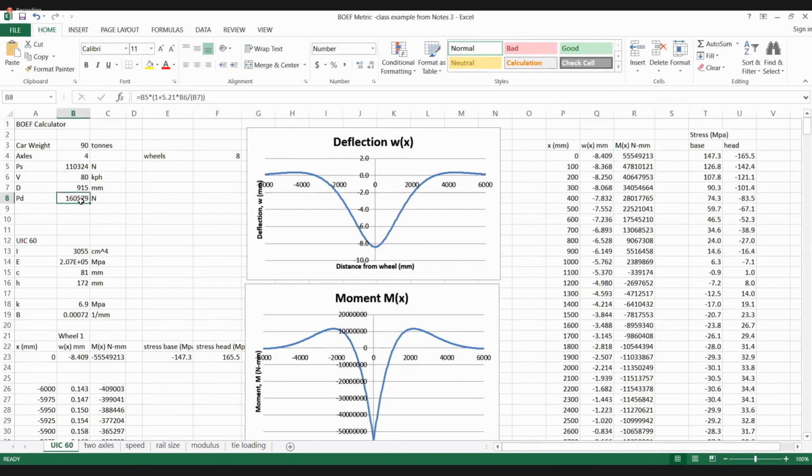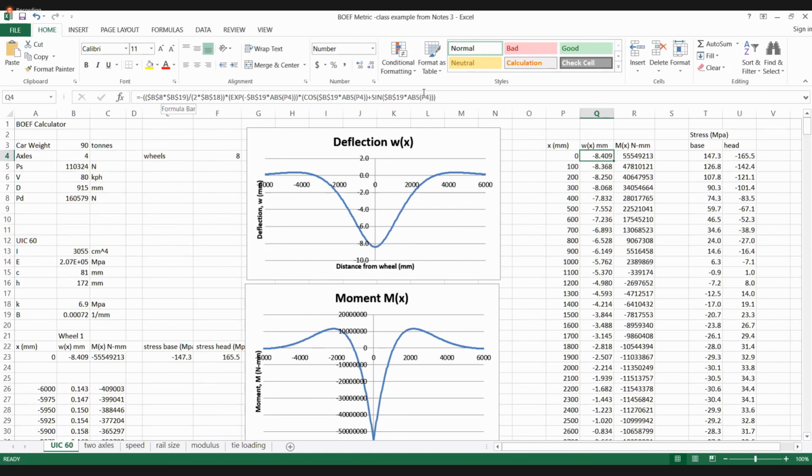P is P dynamic. Beta, we just calculated over here. It's the 4th root of K over 4EI. K is a support. So again, the deflection is P beta over 2K e to the minus beta x cosine beta x plus sine beta x.